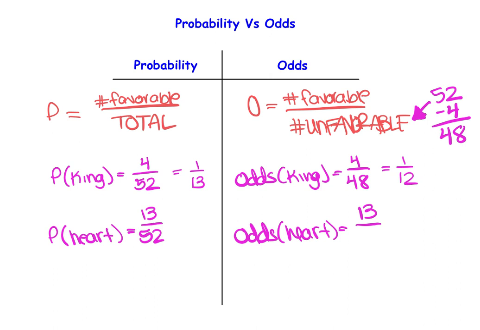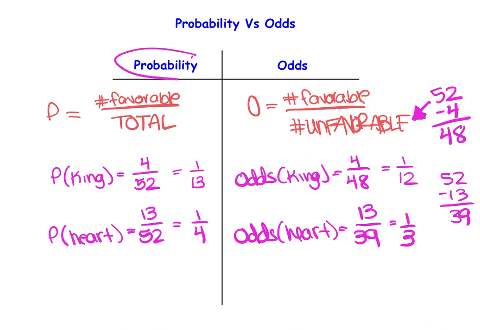So if we have 13 favorable, we need to subtract those out, and we find that there are 39 unfavorable. So again, notice the slight changes in the fractions. If we simplify these, this becomes 1 over 4, and this becomes 1/3. So make sure you pay really close attention to if a problem is asking for probability or a problem is asking for odds.